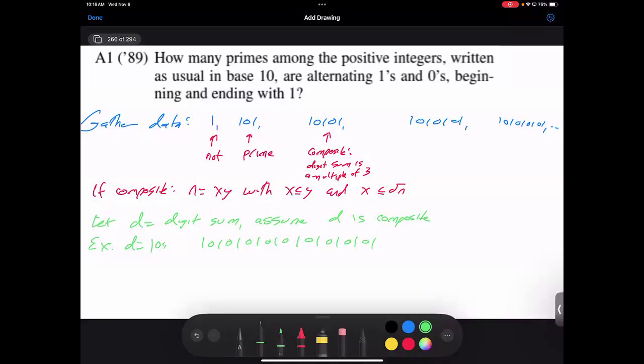So we have 2 copies of something like this, right? Each of those has a digit sum of 5. We have 2 of them. Could you think of something that you could multiply by? And can you think of a factorization of this number?